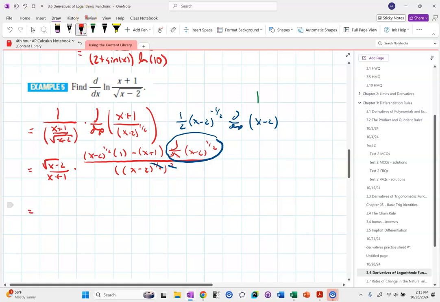So what do we got now? So we have square root x minus 2 times square root x minus 2, minus x plus 1 times 1/2 square root x minus 2 to the negative 1/2.